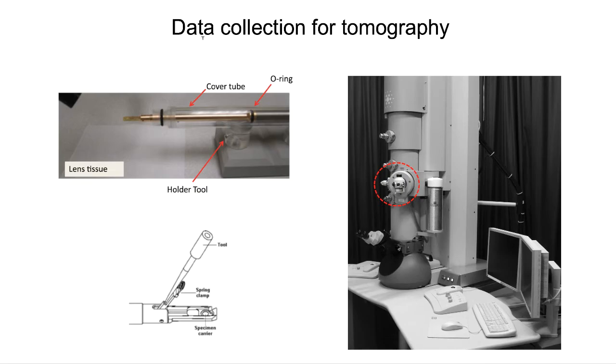So how do we collect data? In regular TEM, we just put the EM grid in the tip of the grid holder and put it in the EM. We collect images, and basically it's the same.